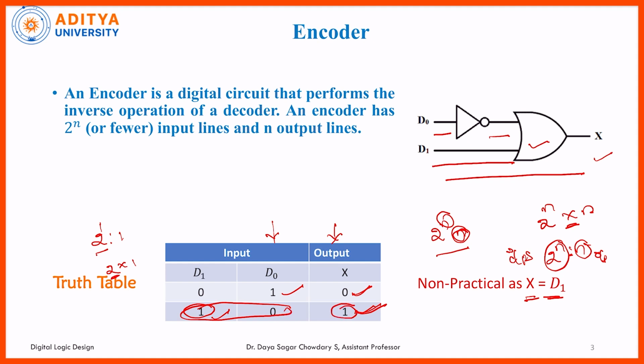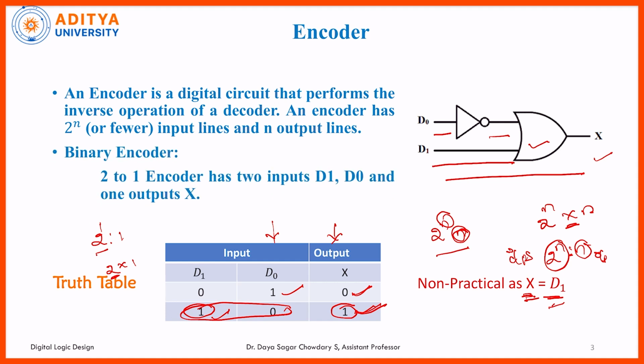That is why we simply write the equation X is equal to d1, that is, the output is directly d1. Likewise we have to construct the equation and the corresponding truth table. Now this is the binary encoder, which we call a 2 to the power of 1 encoder circuit. d0 and d1 are the inputs and x is the output.